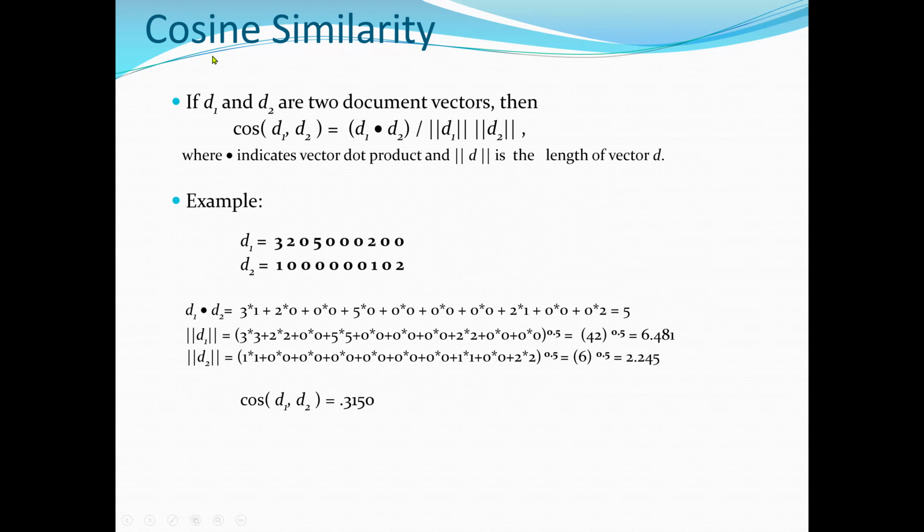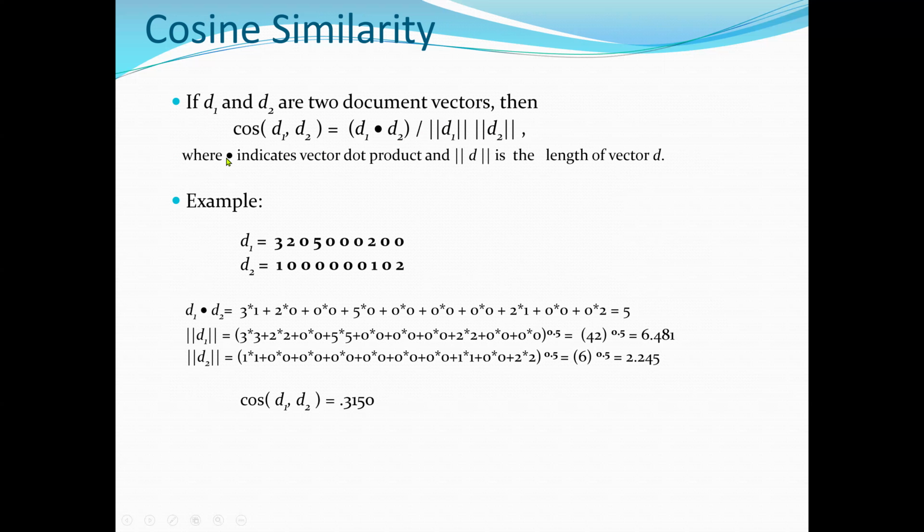We also have the cosine similarity to measure the similarity between two points. Here, if D1 and D2 are two document vectors, then the cosine of D1 and D2 will be D1 vector dot product D2 divided by the length of D1 times the length of D2.